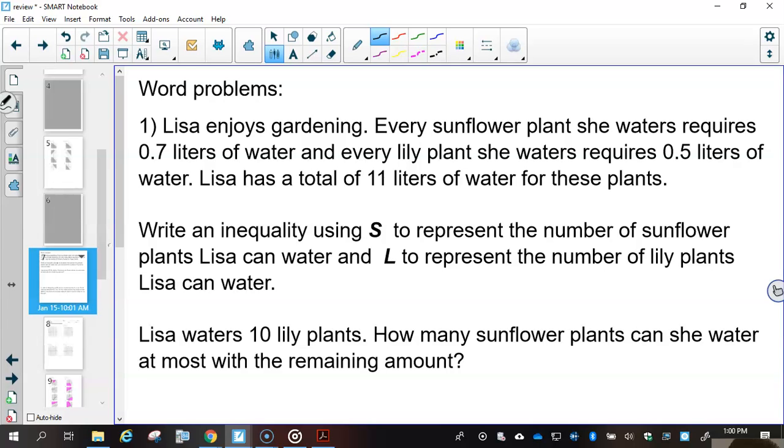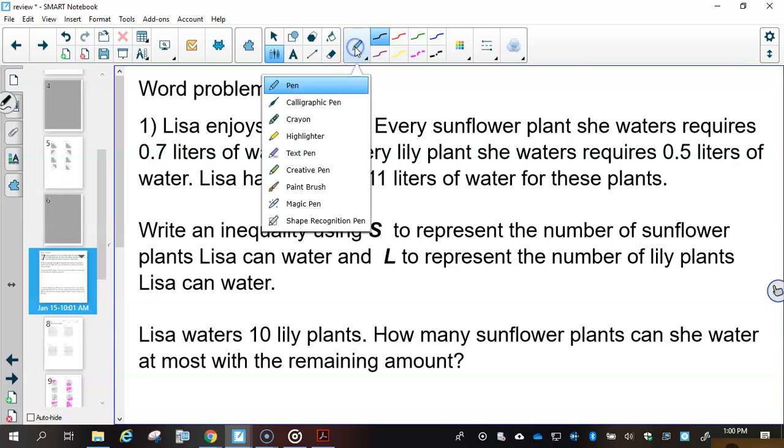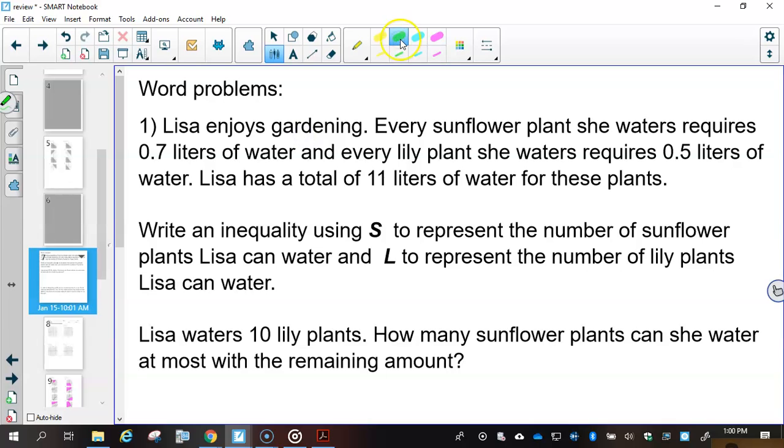What's important here? Everything. The numbers, all the numbers. Okay. Be specific. Which numbers? 0.7, 0.5, and 11. 0.7 is for sunflower. 0.5 is for lilies. 11 is the total.